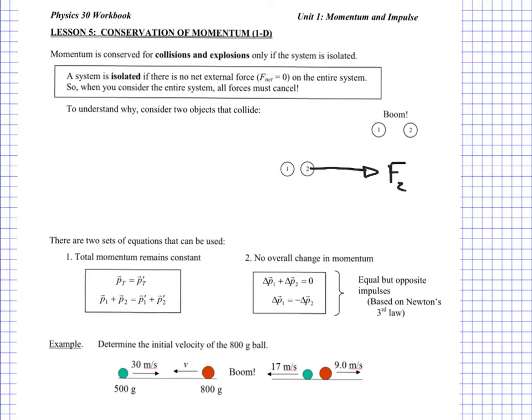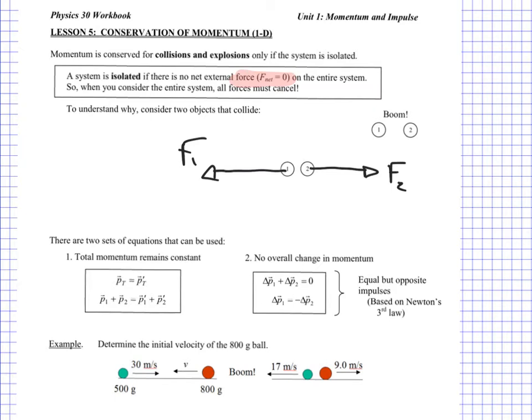Now, Newton's third law tells us that ball 1 will also experience a force equal and opposite. So we'll call this force 1. This is the force that ball 1 experiences as a result of it colliding with ball 2. And these forces are equal and opposite. They are going to cancel out. And so the net force on this system is going to be 0.